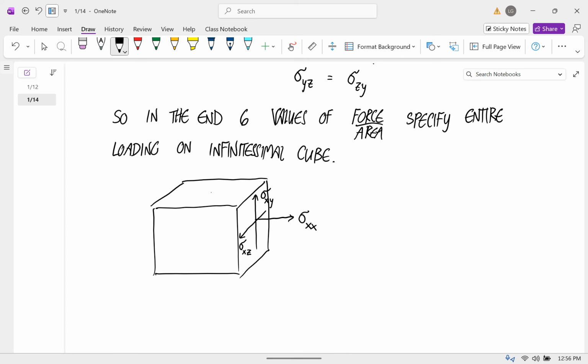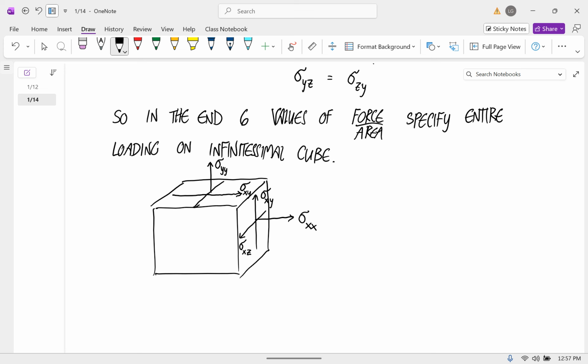Now on the Y face, this is on the Y face in the Y direction, so that's our sigma YY. That was pretty crooked. This is on our Y face in the X direction, but moment equilibrium requires that this is the same as our XY, so I'm just going to draw that in there. Those are the same value.